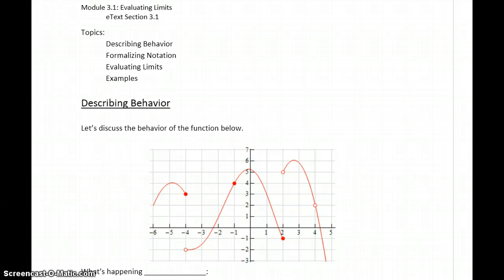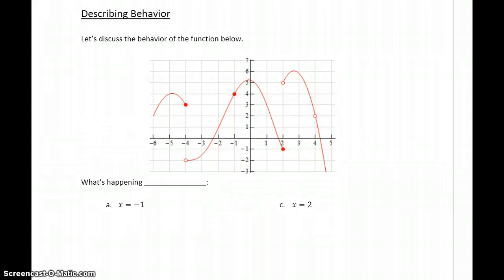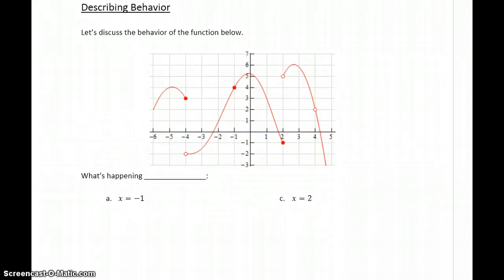So before we actually get into talking about what limits are, any formal notation or definitions, we just want to talk about describing the behavior of a function. So given this function below that we'll call f of x, we just want to discuss the behavior of this function, and more specifically, we want to talk about what's happening around these different x values.